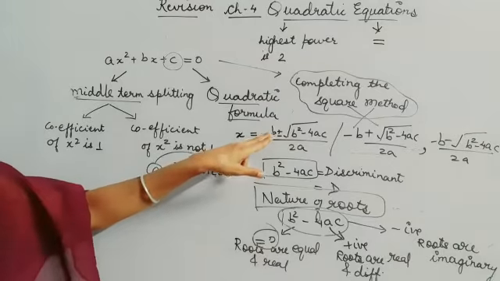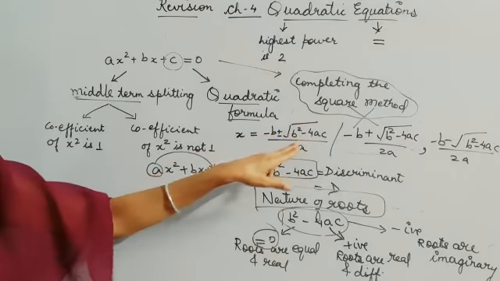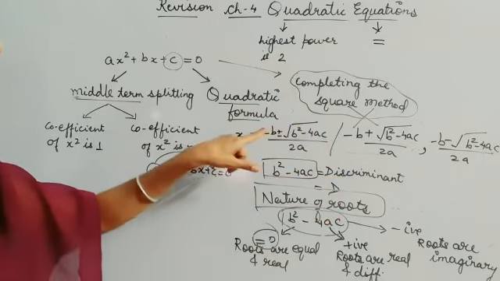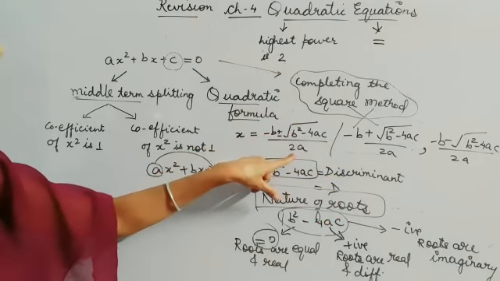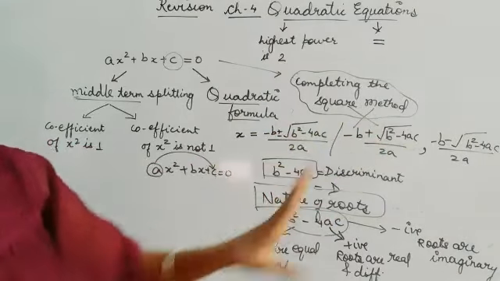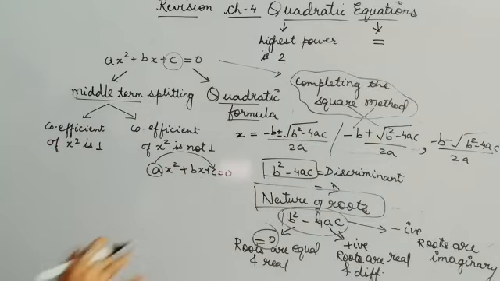So this is minus b plus and minus under root b square minus 4ac upon 2a. You need not do different calculations. You just write down all the values over here, and once you write down plus and next time you write down minus. So this is all about quadratic equations.